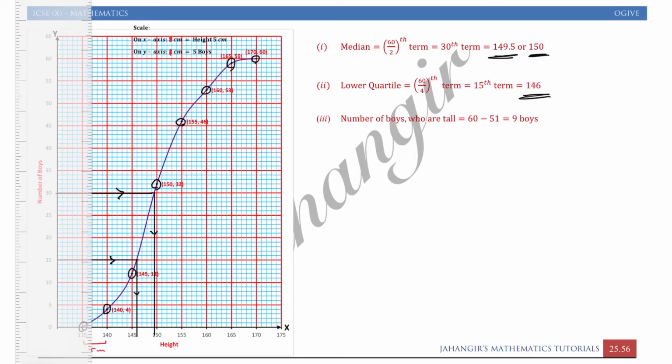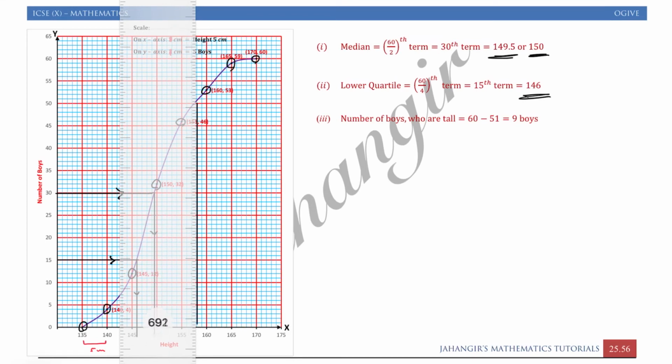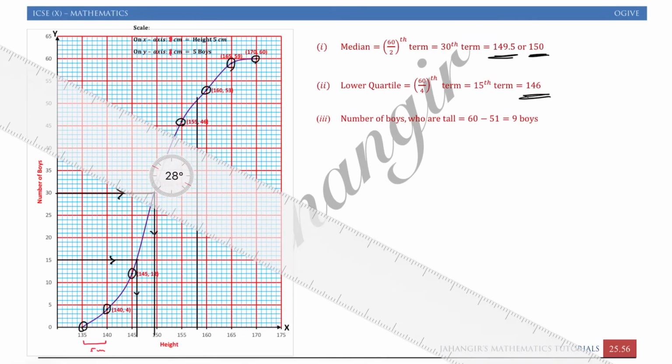Now next is number of students who, if 158 centimeter is considered as tall boys above 158, then you have to find how many boys are tall. Above 158, let us see how many boys are there. This is 158 की marking.